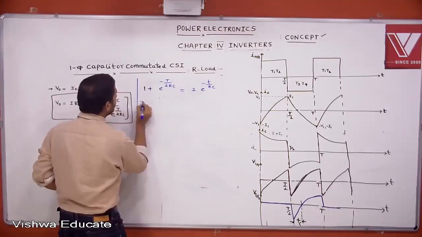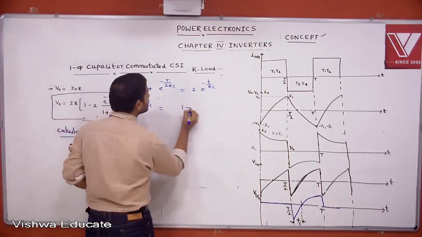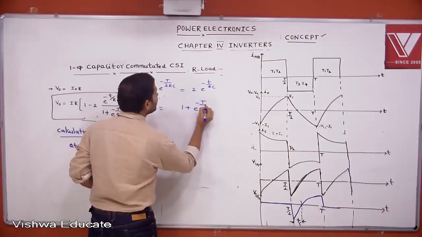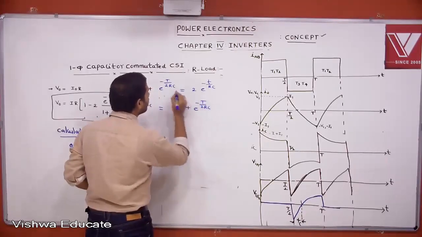Then e power minus t by RC equals 1 plus e power minus t by 2 RC, by 2.